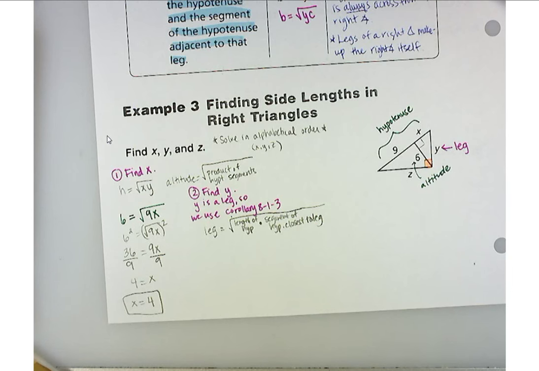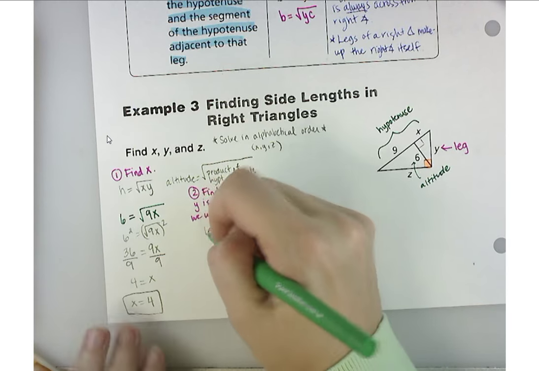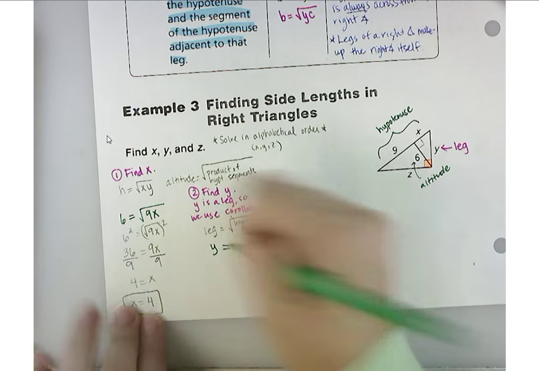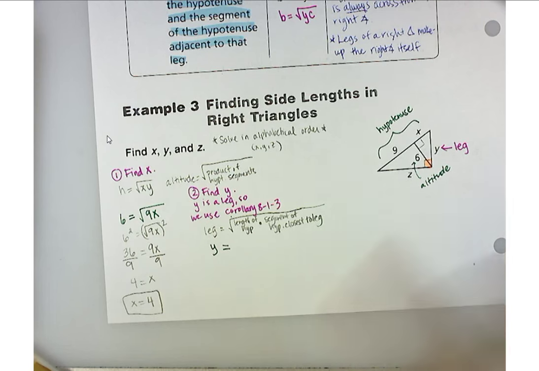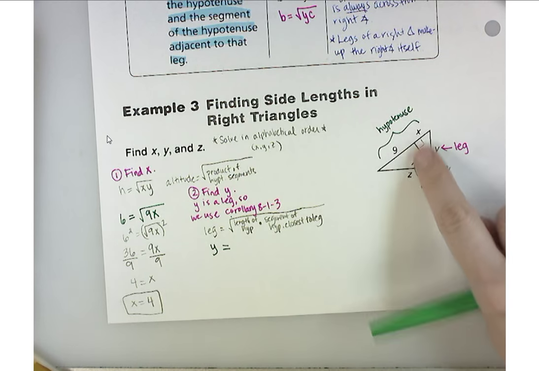Okay, so if my leg is y, I'm going to set up y equals, so what is the length of my hypotenuse? 13.